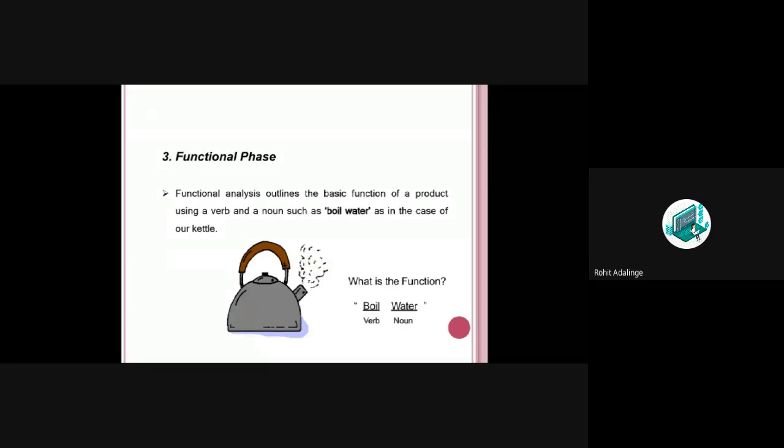Then the third one is the functional analysis phase.